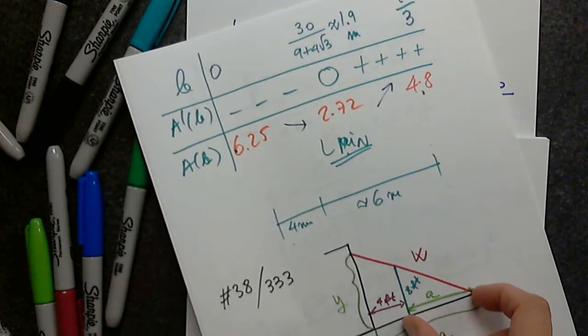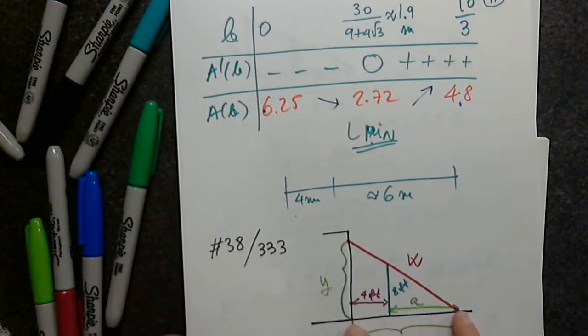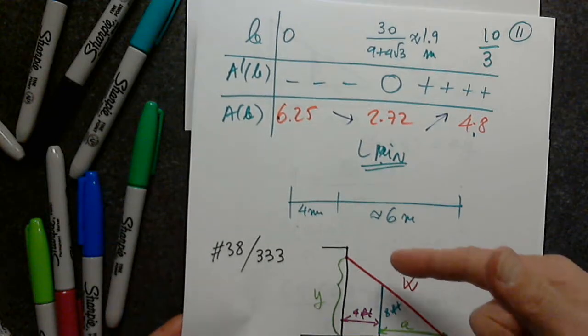So when a is 6, okay, so this is 10, fine. And what could this be?